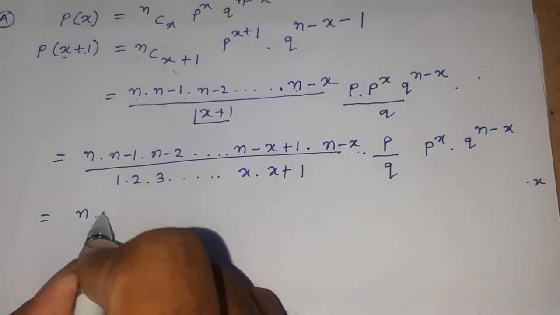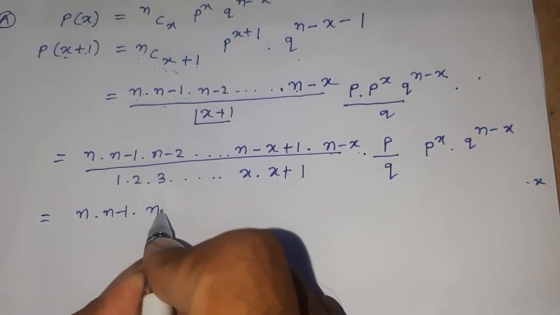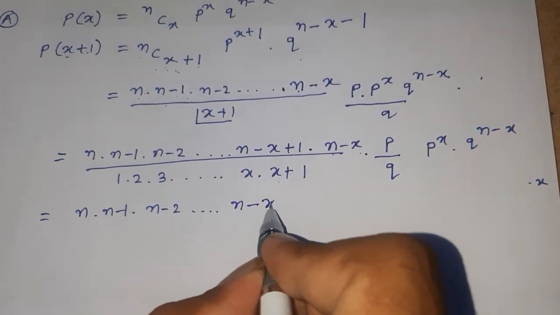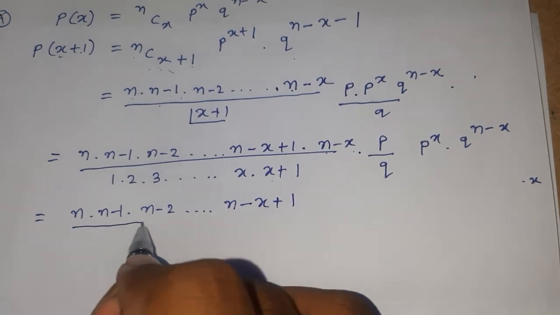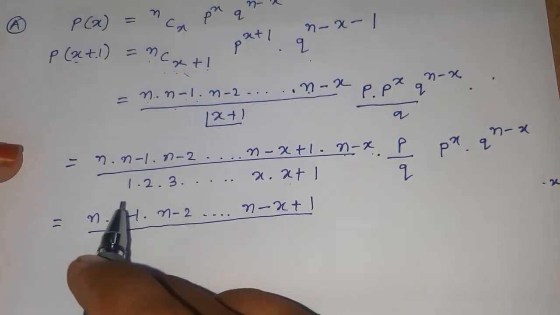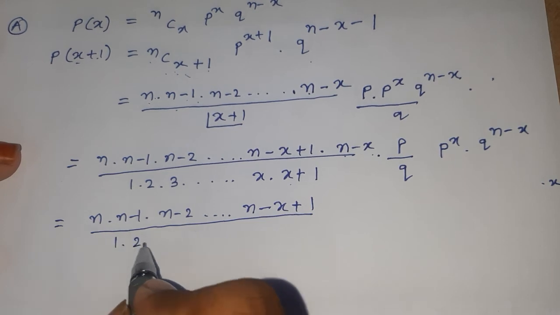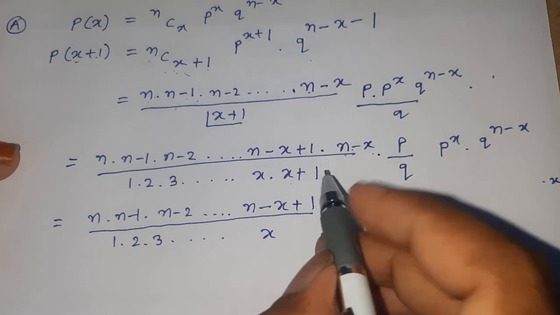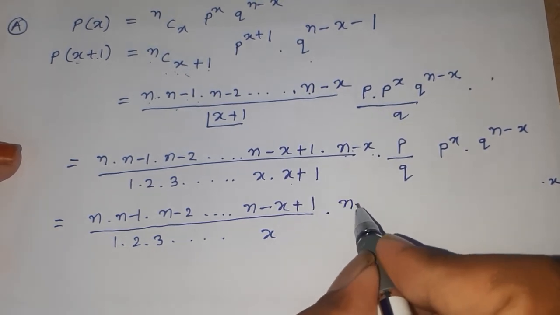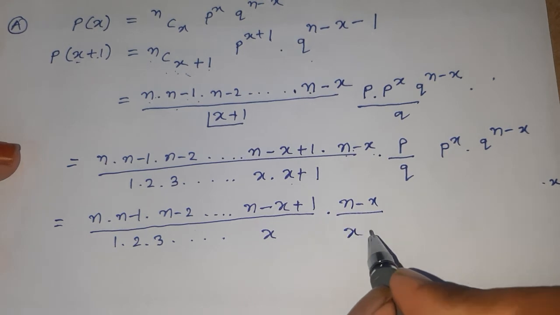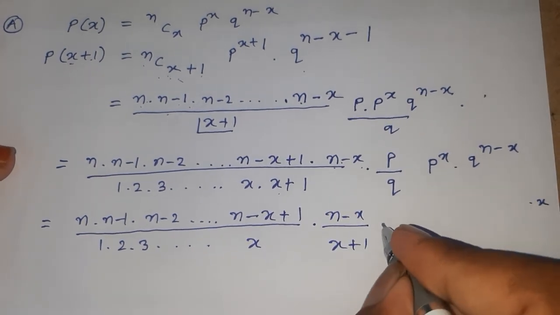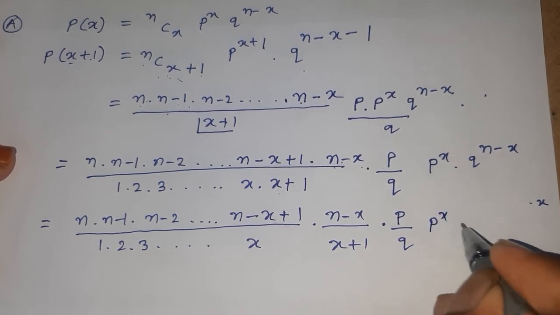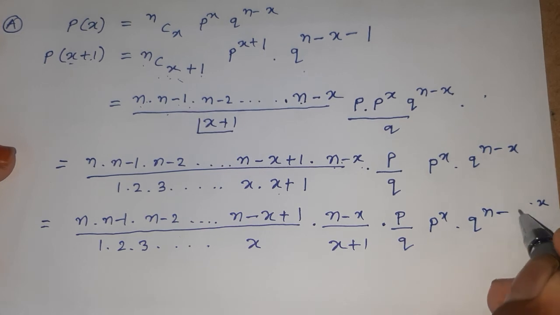That is n into n minus 1 into n minus 2, where the last term in this expression is n minus x plus 1, and in the denominator the last term is x, that is 1 into 2 into 3 into x, as I am separating n minus x by x plus 1, into p by q, p power of x q power of n minus x.